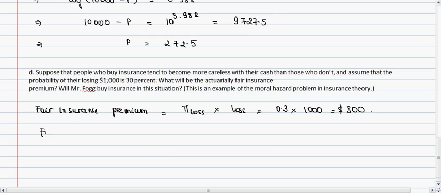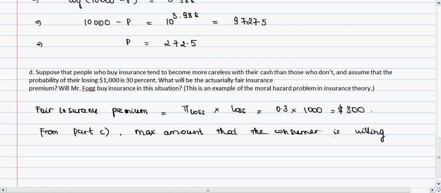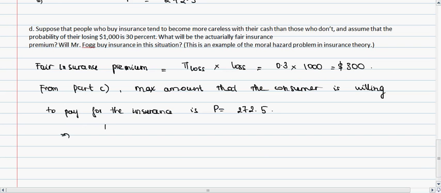Okay, so from part C, we found that the maximum amount that the consumer is willing to pay for the insurance is P equal to 272.5, and so the price they're willing to pay is smaller than the 300.